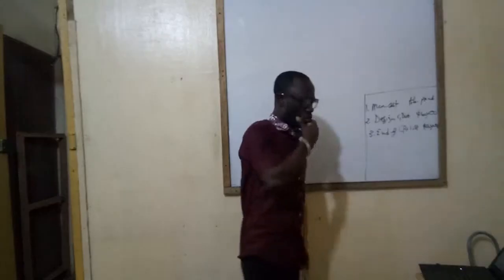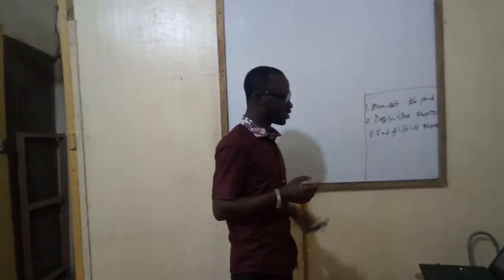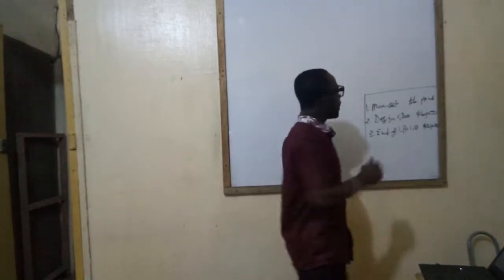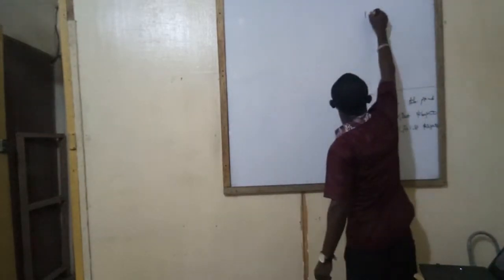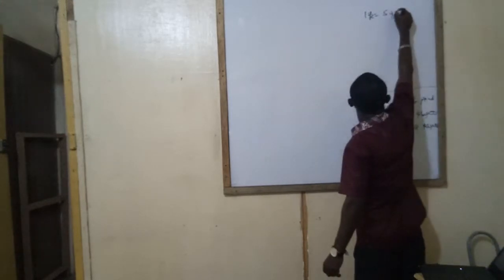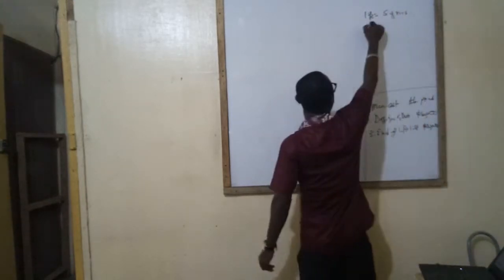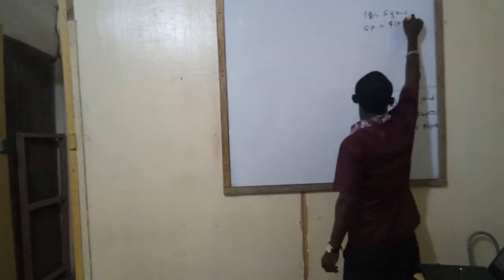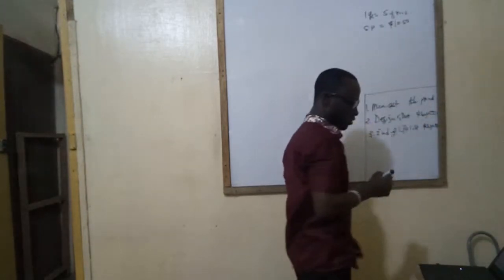So we are given some preambles in the question, and I like to put the preambles down. 1. We are told that the life of this product is 5 years, right? We are given the selling price per unit as how much? 10.50.